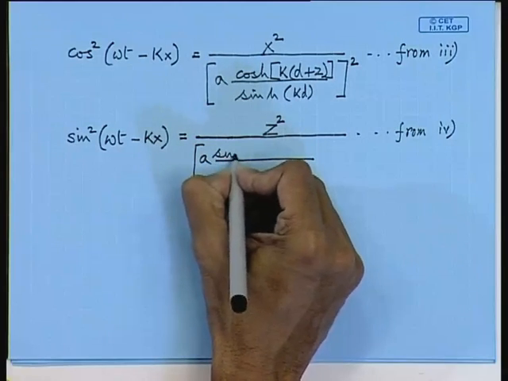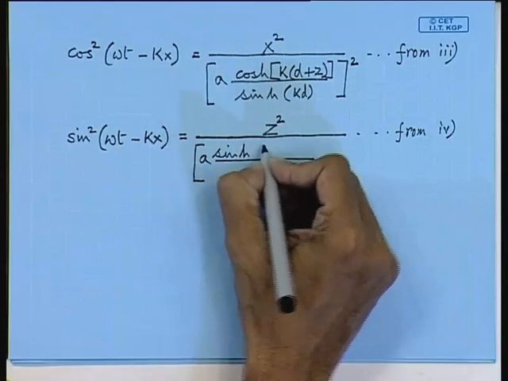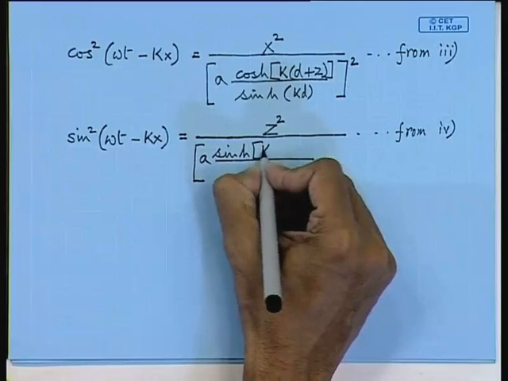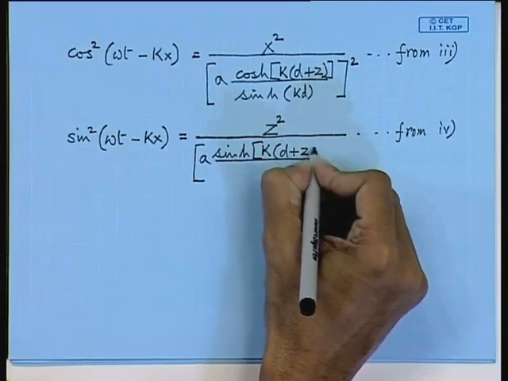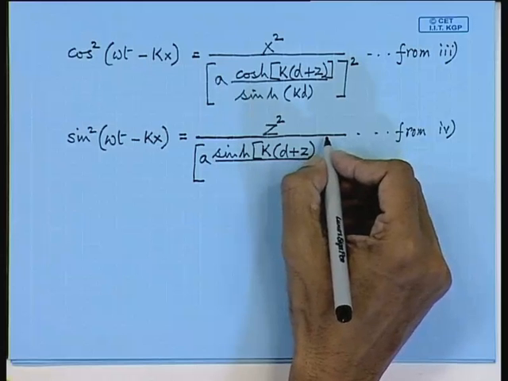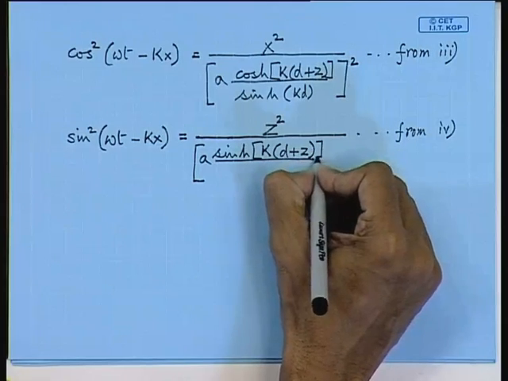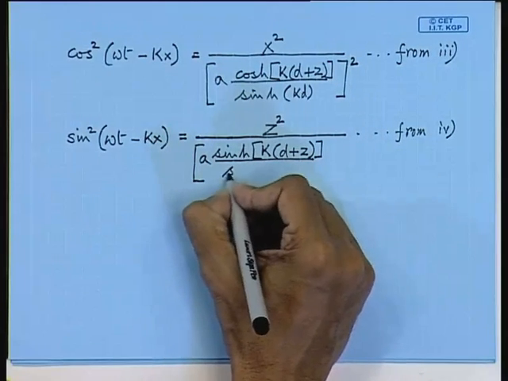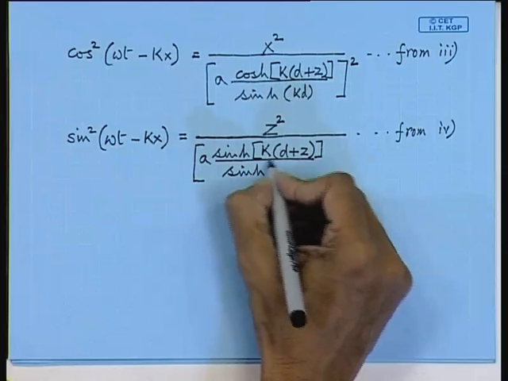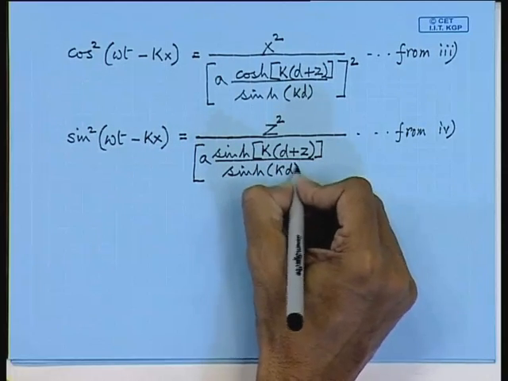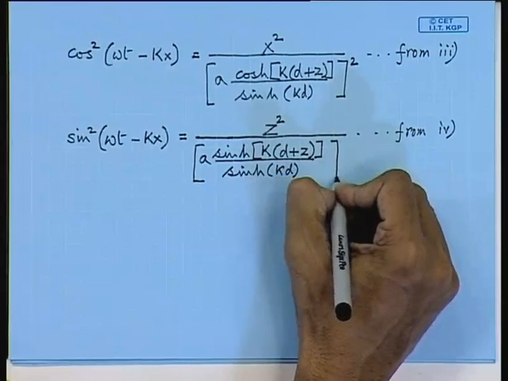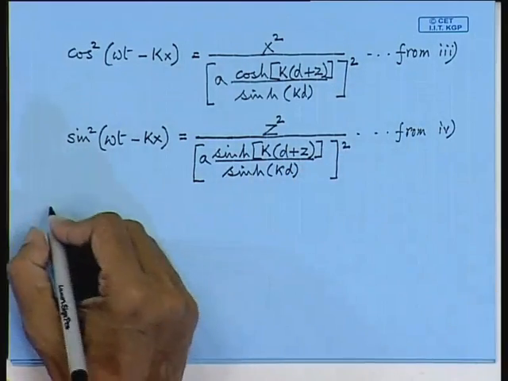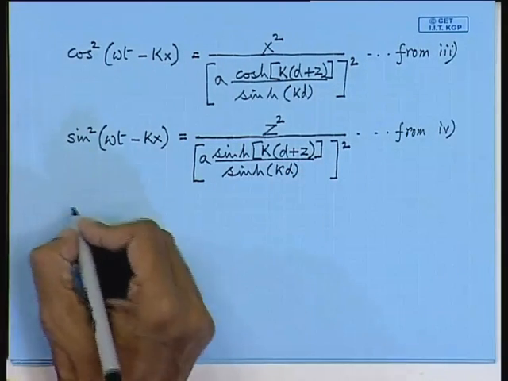So, you get an interesting relationship. Now, you calculate this.